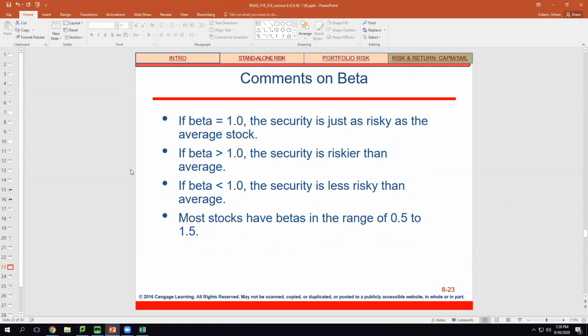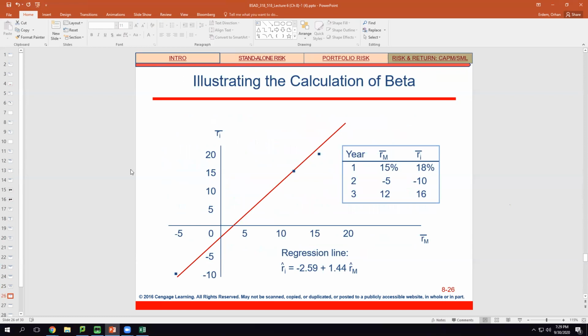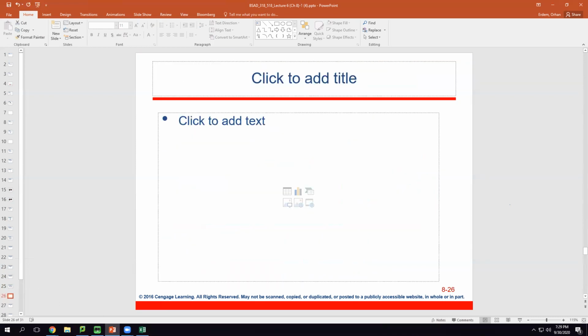So let me show you this graph. Maybe I should just prepare an empty sheet and then explain. Let's say we have two numbers. Say I have Apple and I have the market.